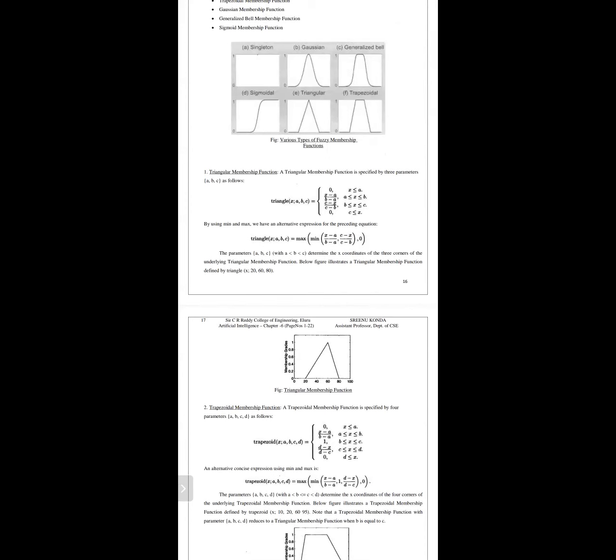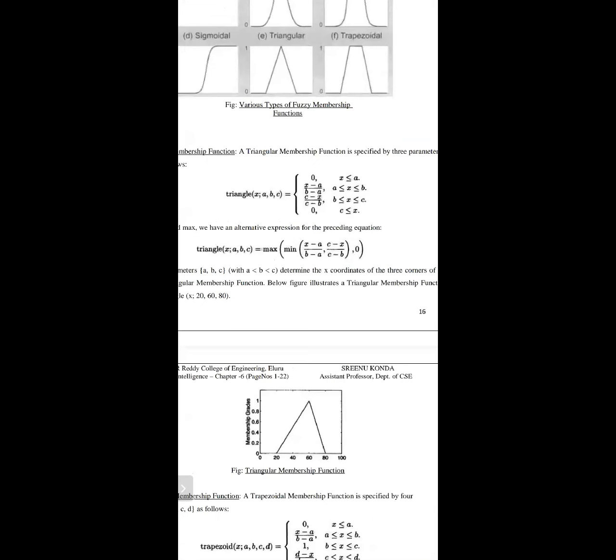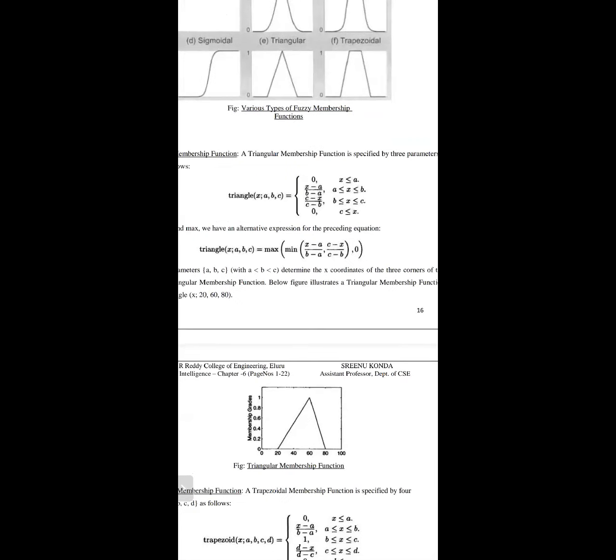Next, when a is less than or equal to x less than or equal to b, we get x minus a by b minus a. Next, c minus x by c minus b, where b is less than or equal to x less than or equal to c, and next 0 when c is less than or equal to x. So this is the formula for the triangular membership function.